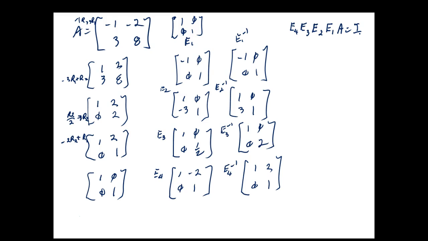Let's first multiply by E4 inverse, then E3 inverse. What you end up with is A equals each of the inverses times the identity. In which order? E1 inverse, E2 inverse, E3 inverse, and E4 inverse, times I. We could leave off the I and just multiply those four together.